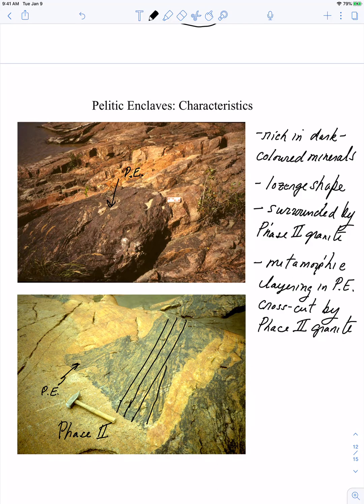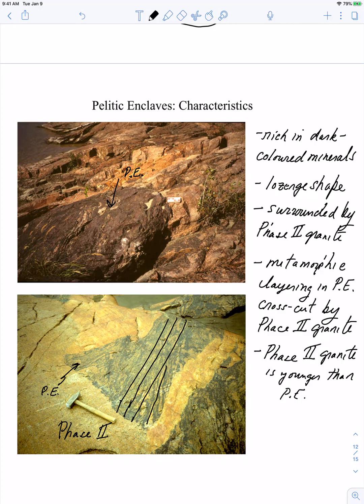If you have two rock types and one rock type cross-cuts another, the rock that cross-cuts is the younger of those two rocks. So in this case, by that law of cross-cutting relationships, phase 2 granite is younger than the politic enclave because it cross-cuts the metamorphic layering in the politic enclave.